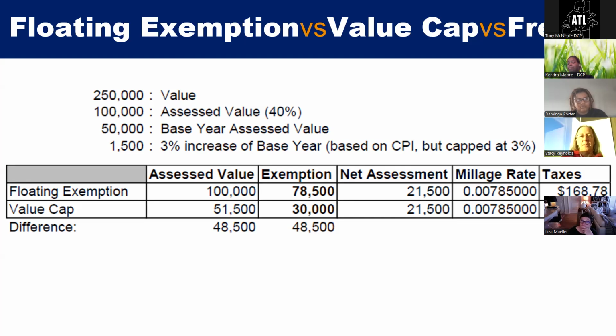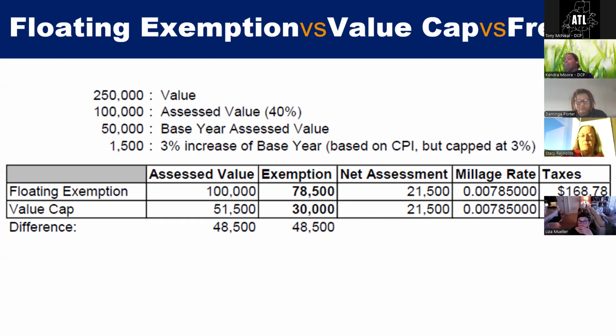So the example is that if your home value is $250,000, then 40% of that is $100,000. But let's say the base year, which is, let's say last year was the first year you started getting this homestead exemption, and your base year was locked in at last year's value of $50,000. And this year it went up to $100,000. But the floating exemption makes sure that your taxable value doesn't go up any more than 3%.